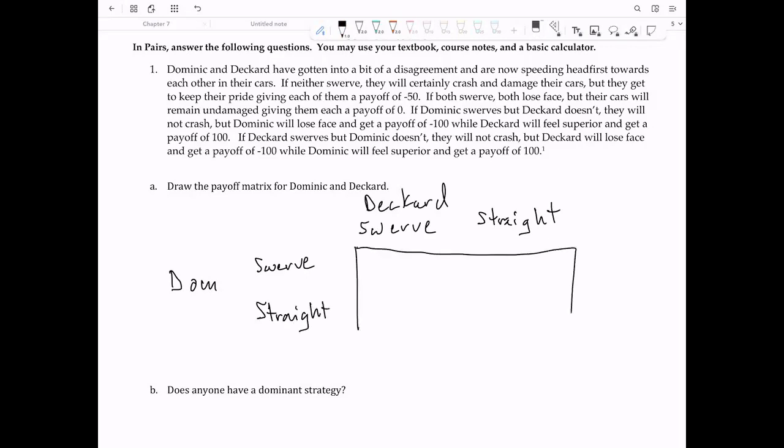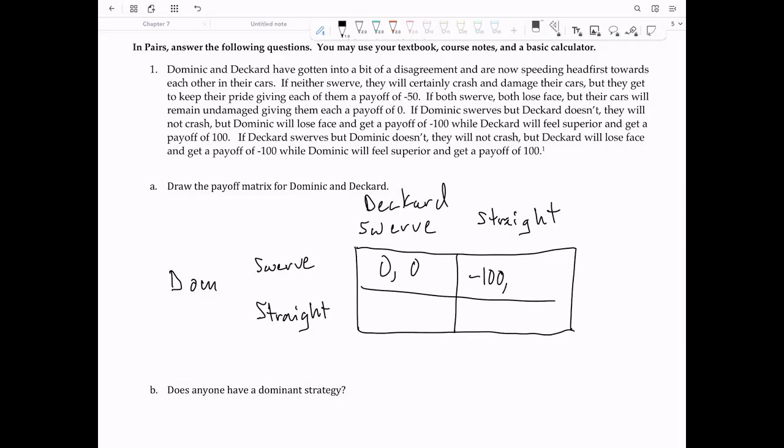Okay, so we got their actions. The next thing that we need to know are what are their payoffs, right, for each outcome. Okay, so if they both swerve, they both get what do we get? 0, right? Okay, if Dom swerves and Deckard goes straight, what does Dom get? Negative 100 because he's a loser.